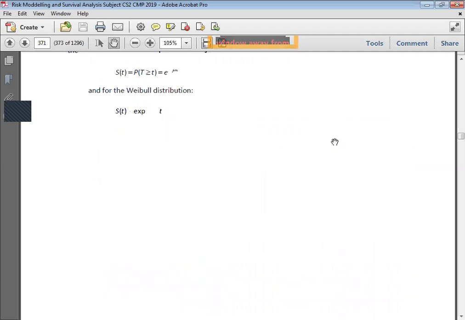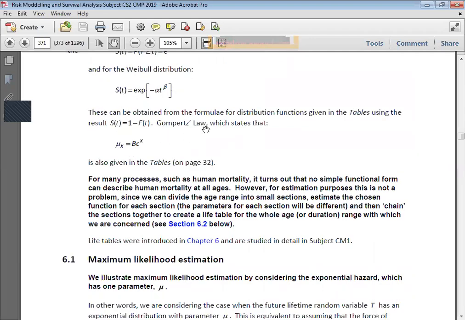Now let us say we assume that mu follows Gompertz's law, then you know that mu x will be bc raised to x. The only thing left for me to do is figure out the values for B and C. So you use the MLE and figure out these values.